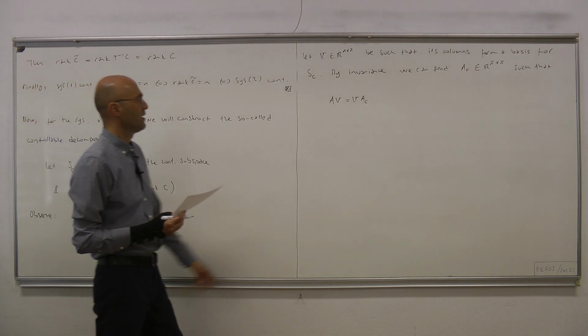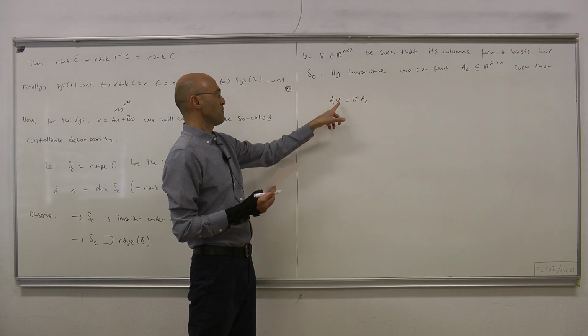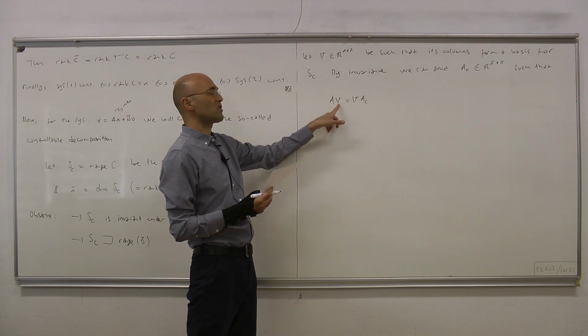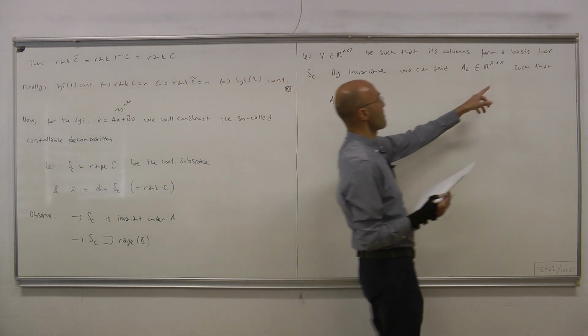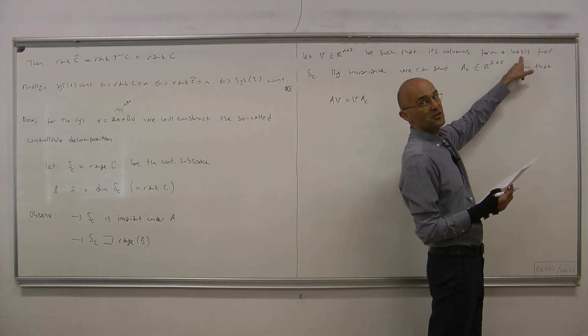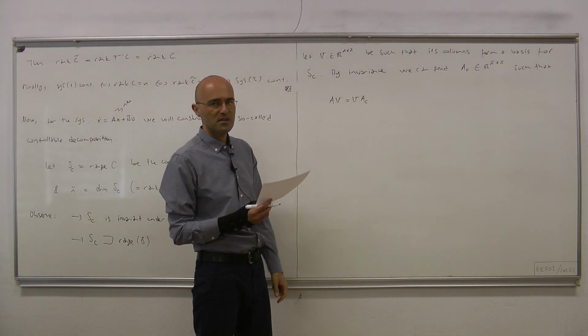Now why is that? Why does such a matrix exist? Pick, let's say, the first column of V. Since the columns of V make a basis for the controllable subspace, the first column of V belongs to the controllable subspace.